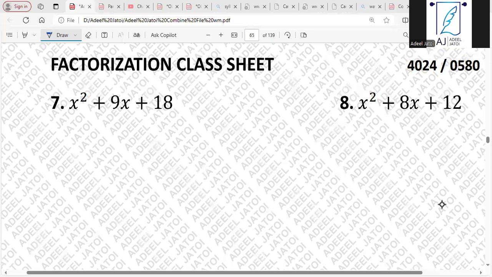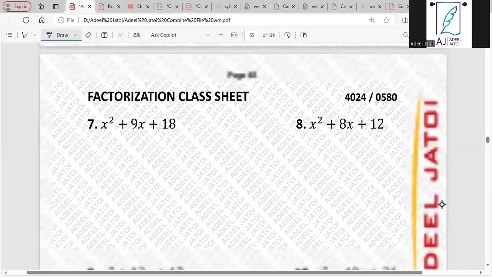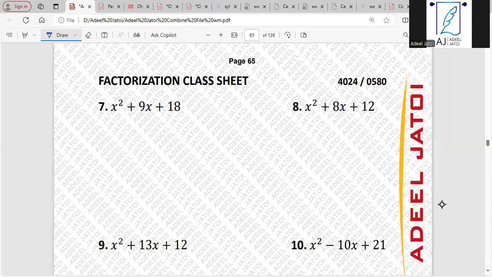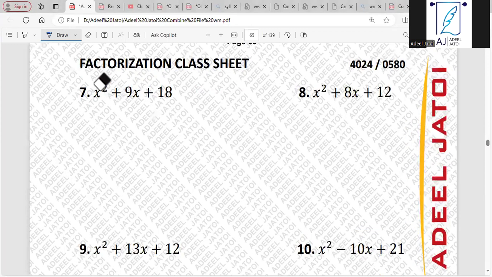Okay, let's attempt part 7 and 8. What we have is 18, right? Because we have 1, and we multiply it with 18. So 1 into 18 becomes 18. What we need is factors of 18: 1 into 18, 2 into 9, and then 3 into 6.